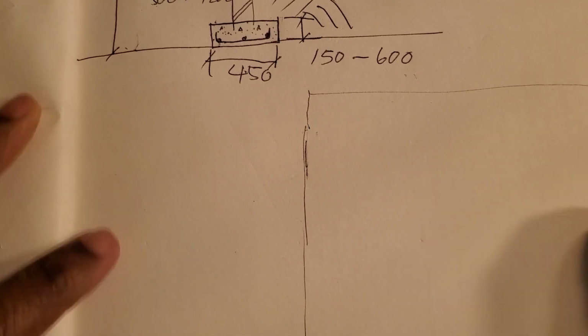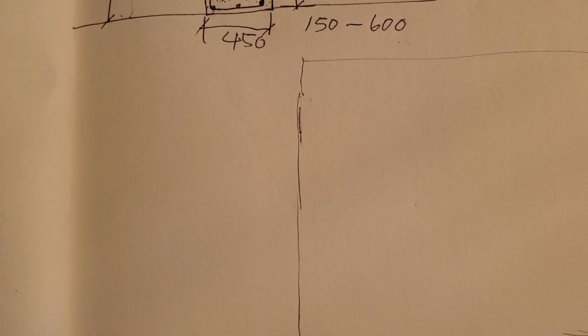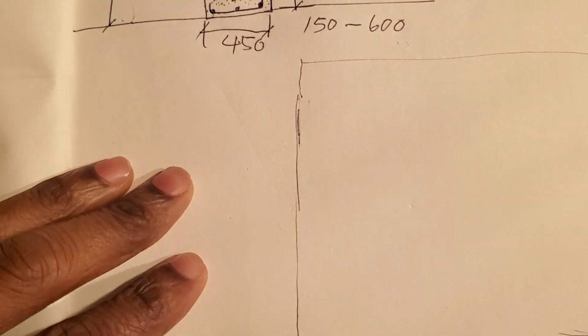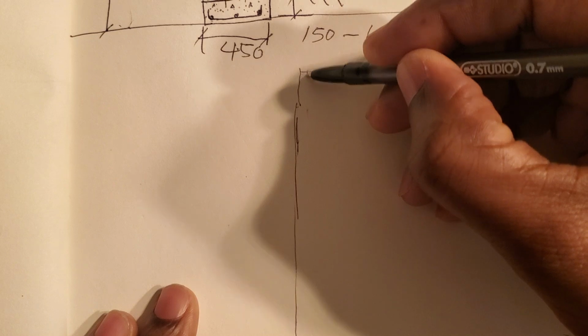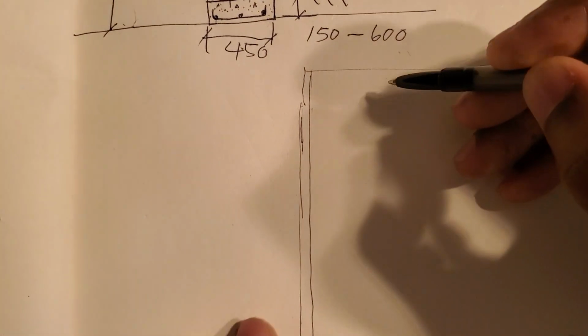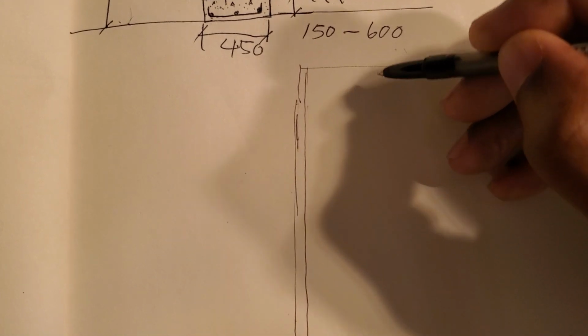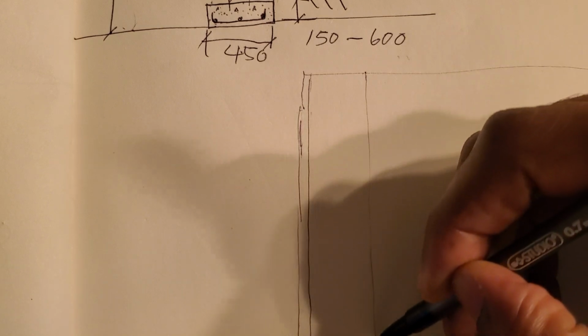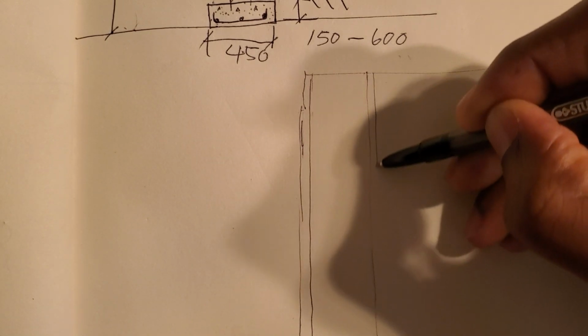So they want us to show the stud, show stud, sole plate. So these are the studs. Studs are the vertical members. That is one stud, and studs are placed at 16 inches apart. Is there another stud? Another stud there.